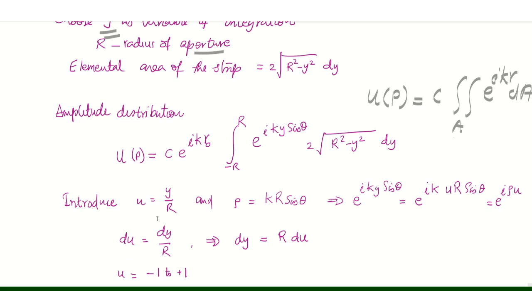and this is how the integration is now reduced to a single variable y, and therefore r, as we said, is r0 plus y sine theta, and therefore you can take this out, minus r to plus r.